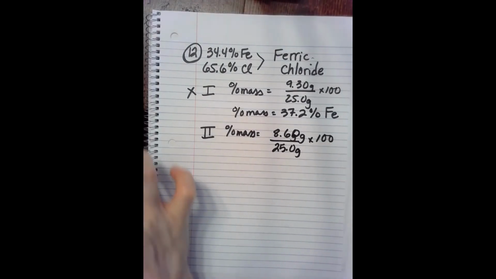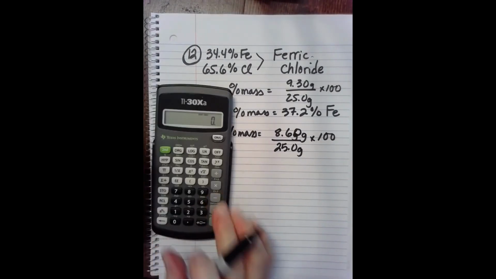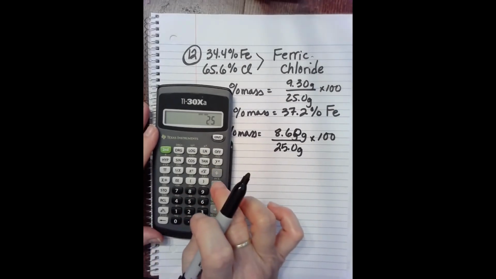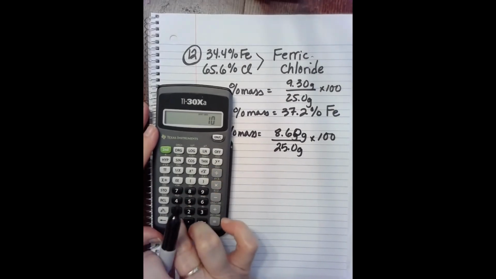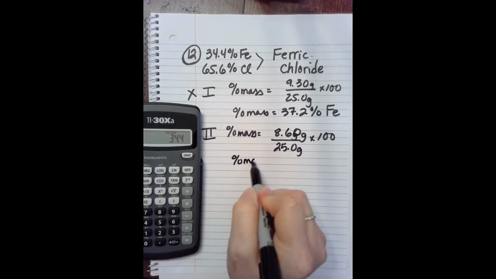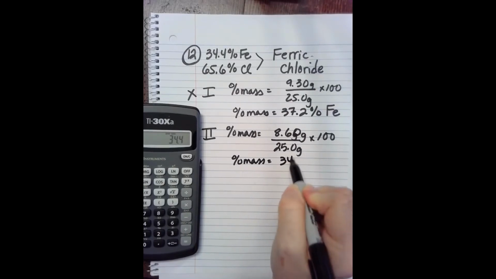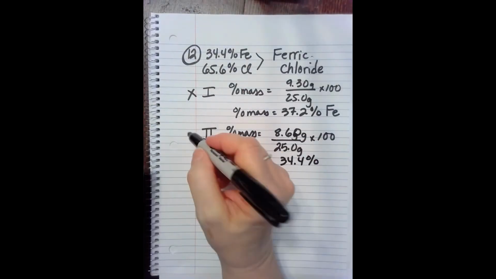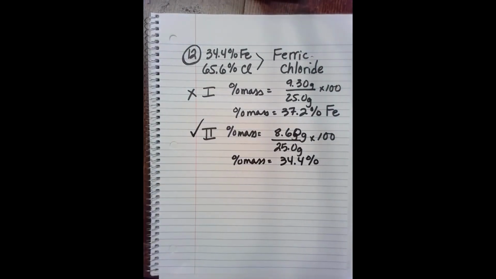Again, pick up my calculator: 8.6 divided by 25 times 100. Ooh! The percent by mass equals 34.4%. That number matches that number. Check. That one can be the ferric chloride.